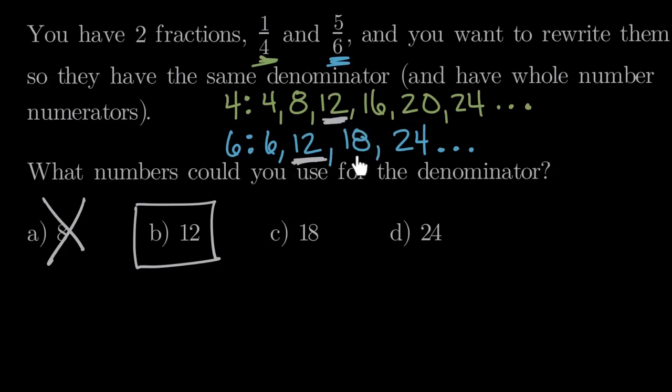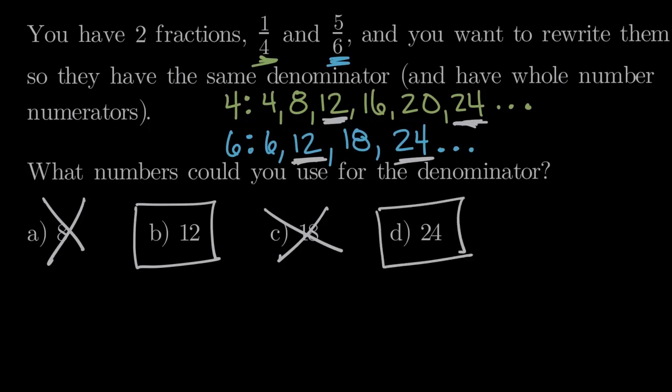We could split 6 into 18 because 18 is a multiple of 6, but it is not a multiple of 4. So we can rule out 18. 18 is not a common denominator. And 24, you may remember, was the last number we wrote on both of them. So yes, 24 could be a denominator for fourths and sixths.